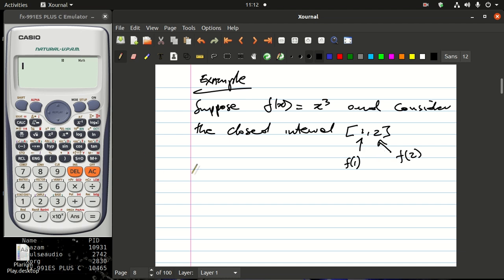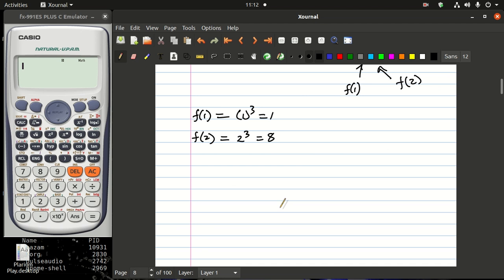So now what we're going to do is first look at f of 1. If I take this 1 and plug it in, I get 1 cubed, and 1 cubed is 1. And then I look at f of 2 and cube it: 2 times 2 is 4, times 2 is 8. Now I have 2 outputs.